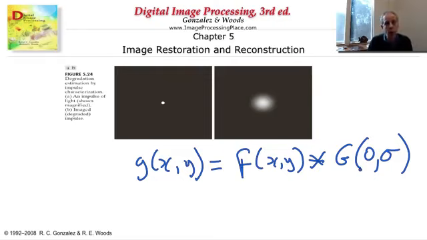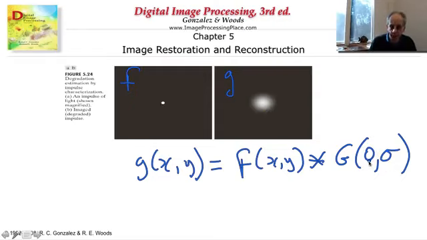Now, if you know that there is a Gaussian function that is affecting your observation, so this will be my observation, this will be my g. If you know that g is the result of f with a Gaussian filter, and you also know that f was actually a dot, a delta function, just a point, then in that very trivial case you can actually estimate the blurring.